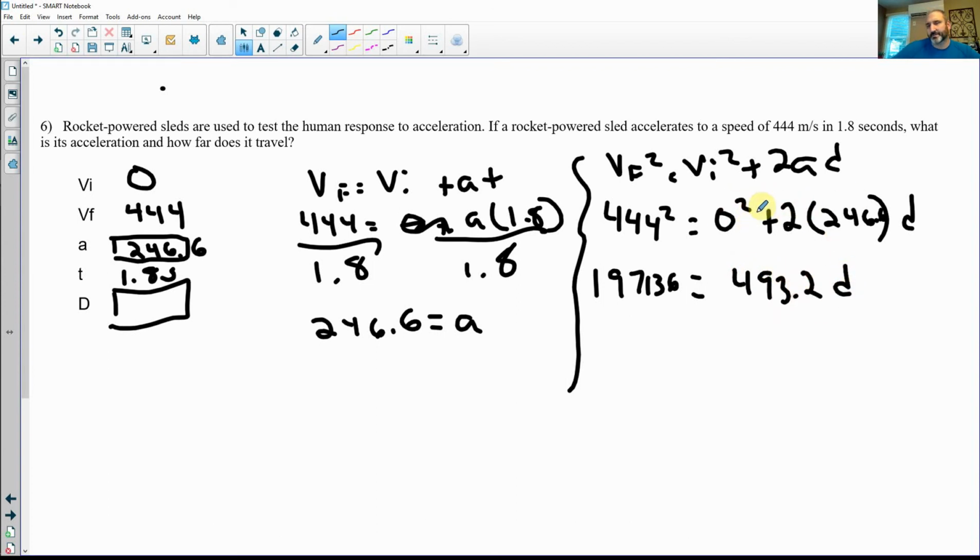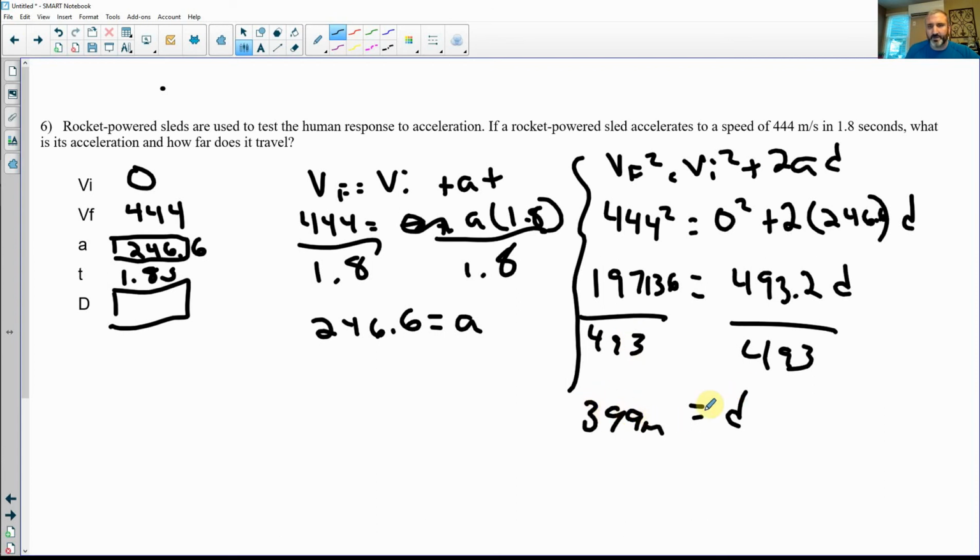The zero is going to be dropped. So now we can divide both sides by 493.2. We should get D. 197,136 divided by 493, about 399 meters. For going that fast, that's a pretty short distance.